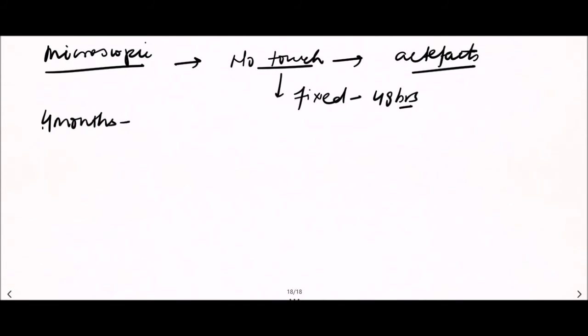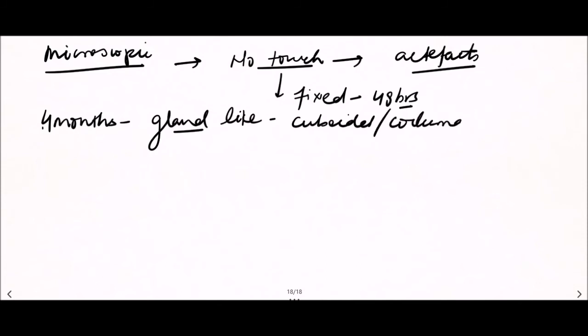At 4 months, the parenchyma of lungs is glandular, gland-like structure, and it is having cuboidal or columnar epithelium. So parenchyma is gland-like at 4 months.